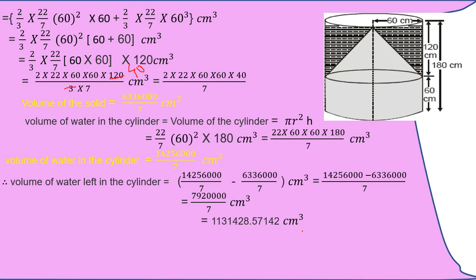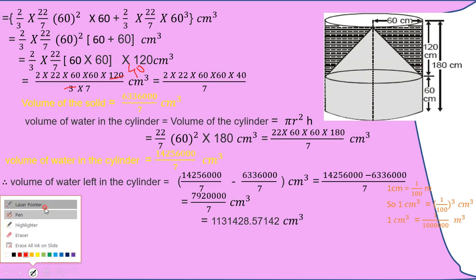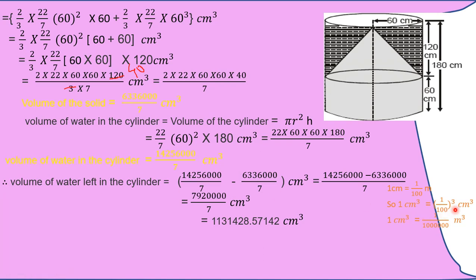Now here, the answer we can write in meter units also. So how it will be, as we know that 1 centimeter is equal to 1 upon 100 meter, or we can say 1 centimeter cube is 1 upon 100 cube, or 1 upon 100,000 meter cube.